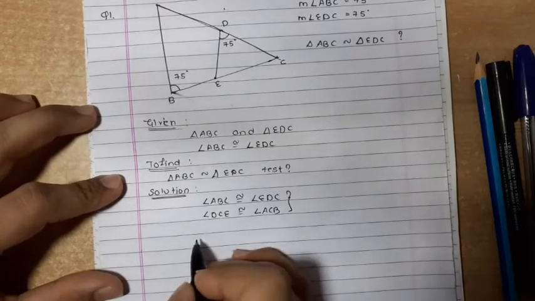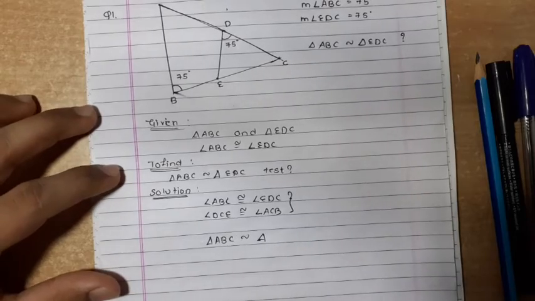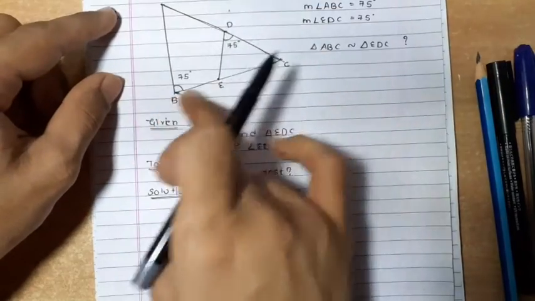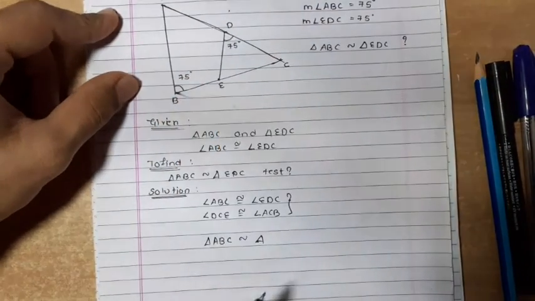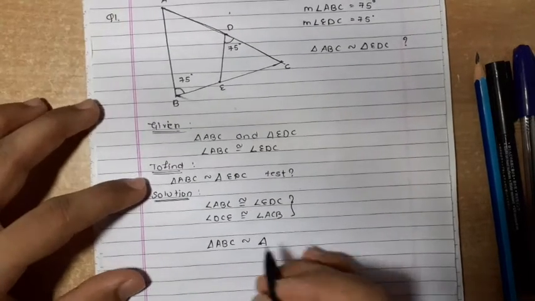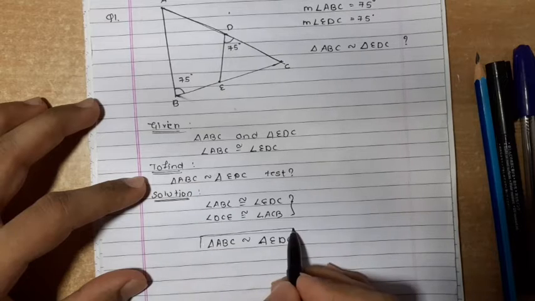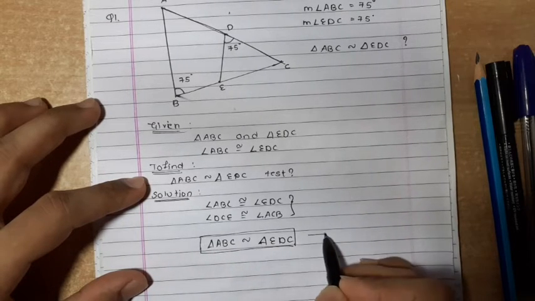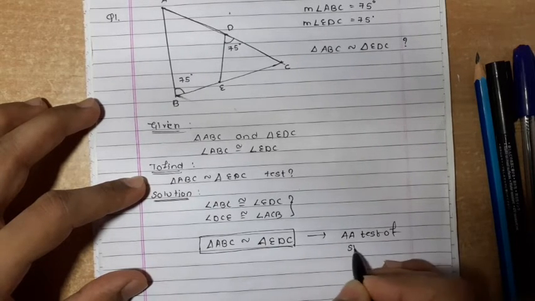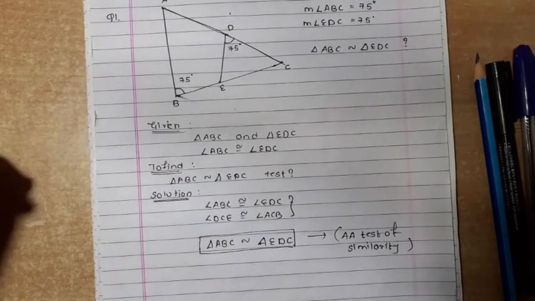Then triangle ABC is similar to triangle EDC. Let's rotate the triangle so that it comes in the position where 75 degrees is. We proved these two triangles similar by AA test of similarity. Done, students? Let's move on to the next question.